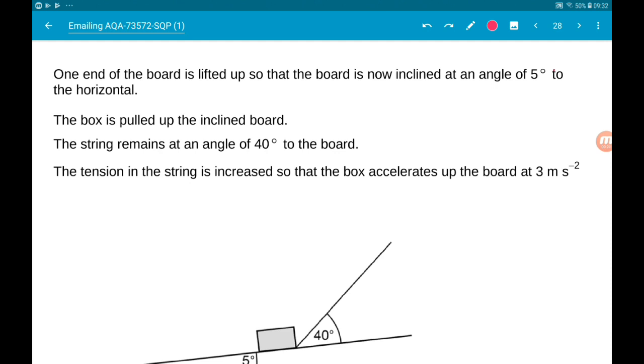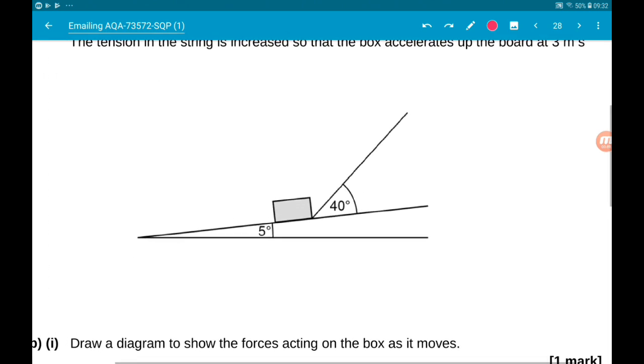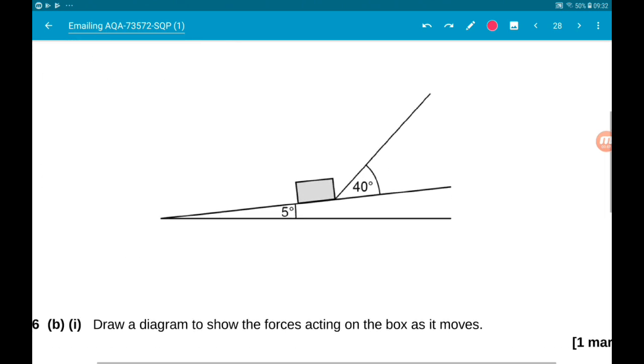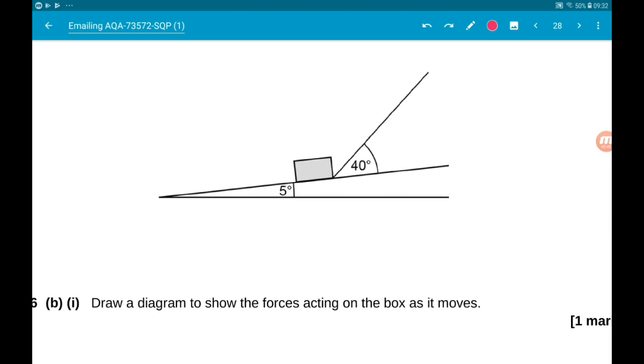The tension in the string is increased so that the box accelerates up the board at a rate of 3 meters per second squared. Part 1. So there's the diagram. Part 1 wants us to draw a diagram to show the forces acting on the box as it moves.